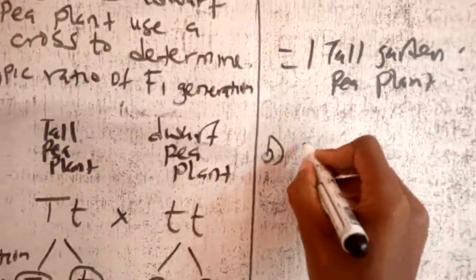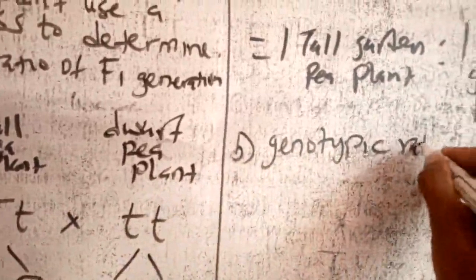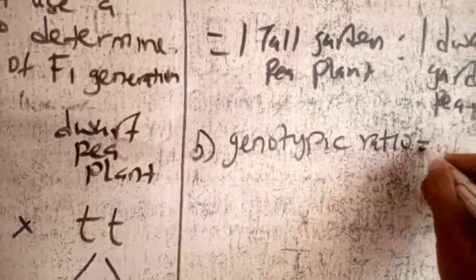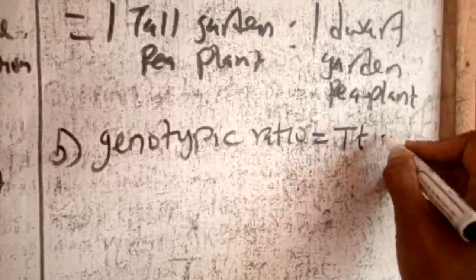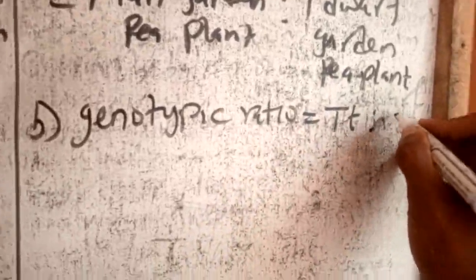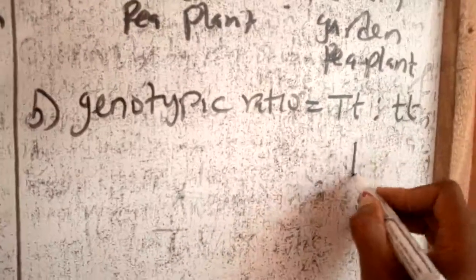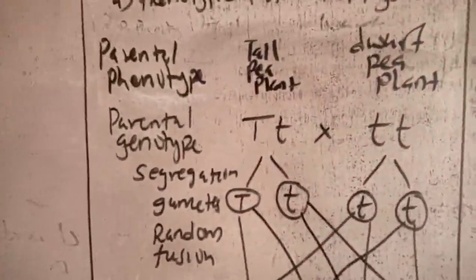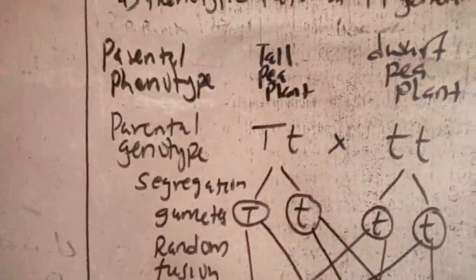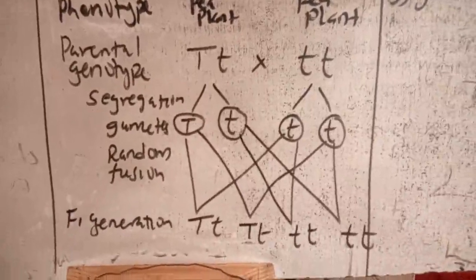So the second one is the genotypic ratio. And as far as genotypic ratio is concerned, you just indicate capital T small t is to 2 small t's, and the ratio becomes also 1 is to 1, because you will get 2 of them having the genotype of capital T small t, and 2 of them having 2 small t's.